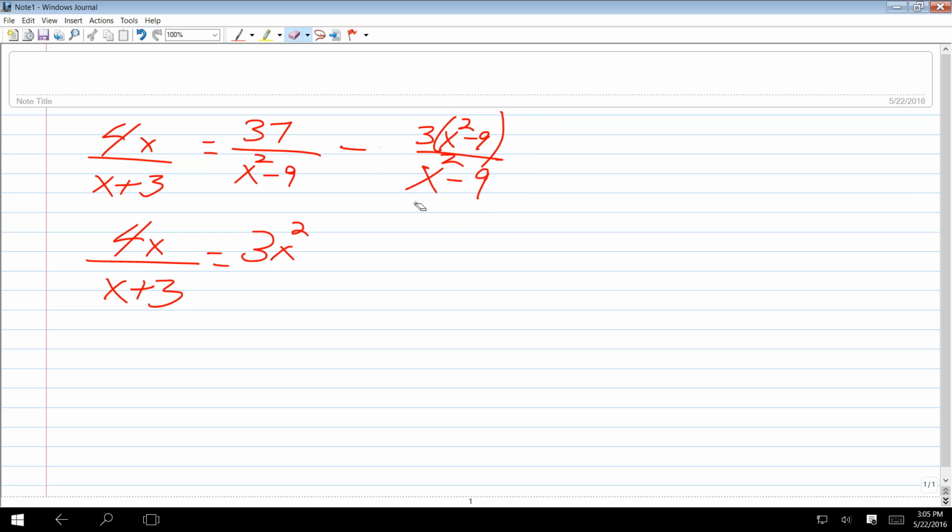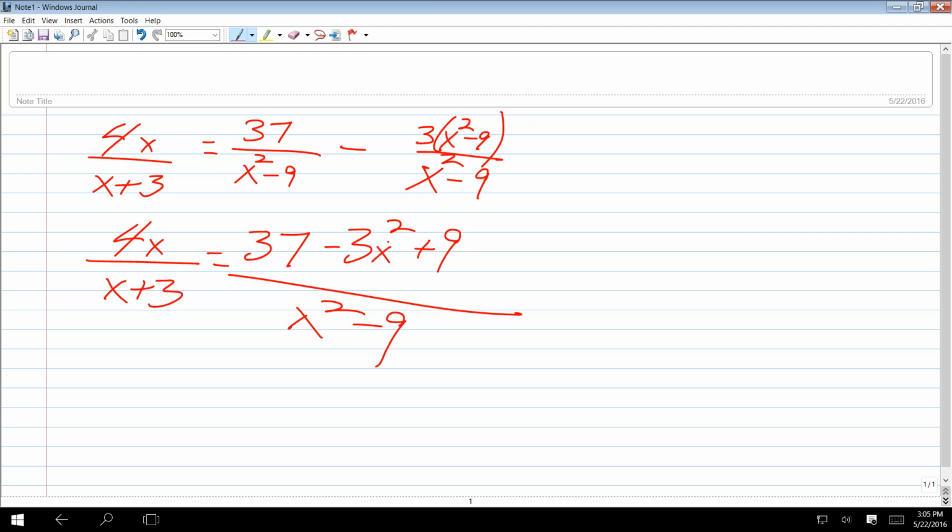So it ends up being 37 minus 3x squared, but then this is going to be a plus 9. You see why? Yeah, that makes sense. Okay, and it's all over x squared minus 9. Now we can simplify this. Let's add the 9 and the 37 together and get 46.